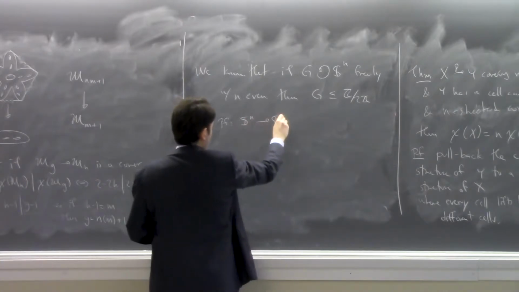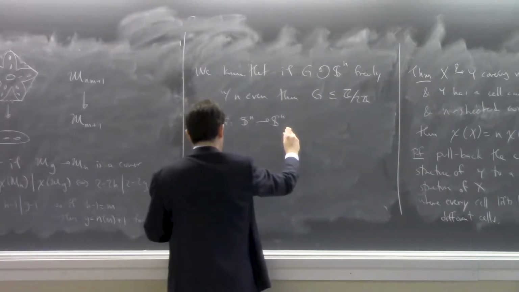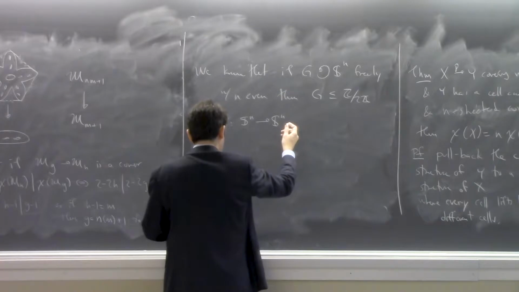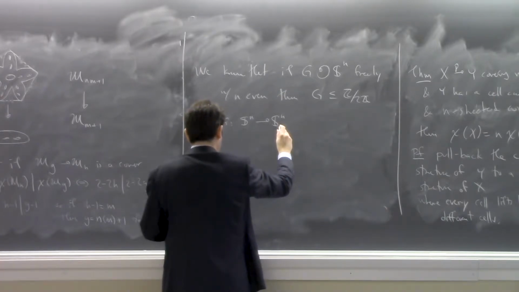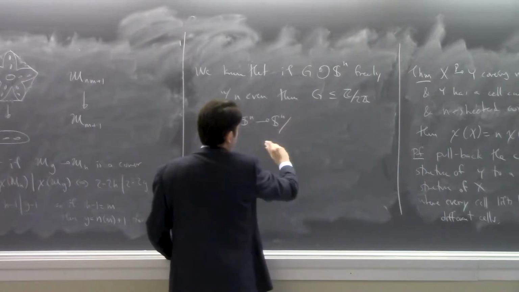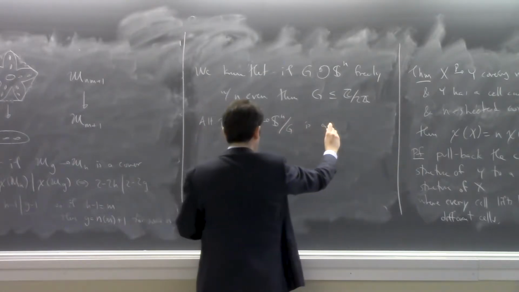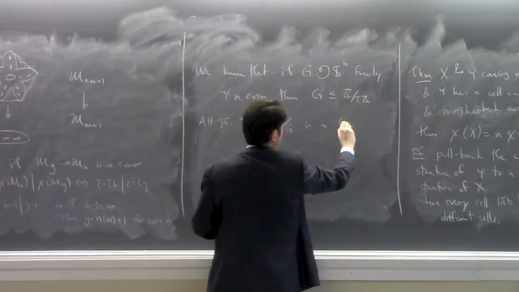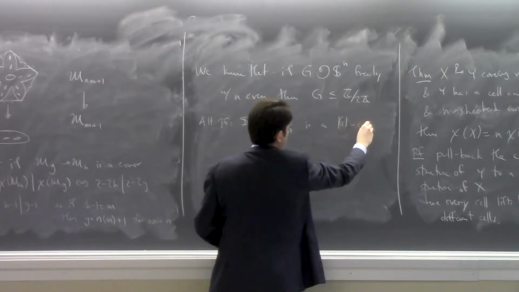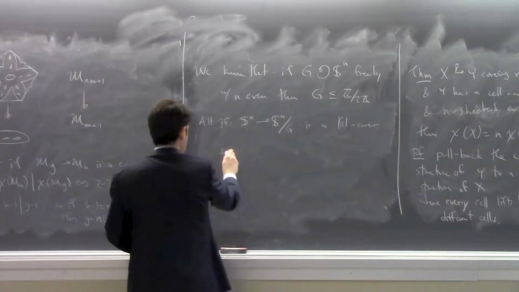Sn to Sn mod G. The orbit space is a G cover.